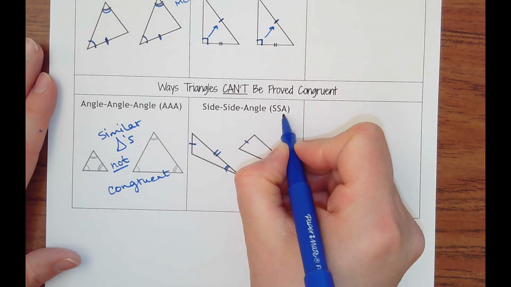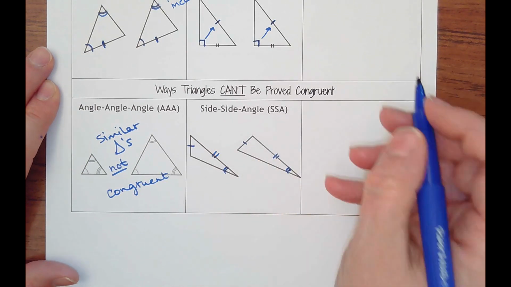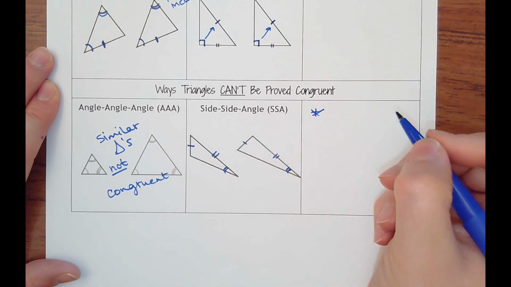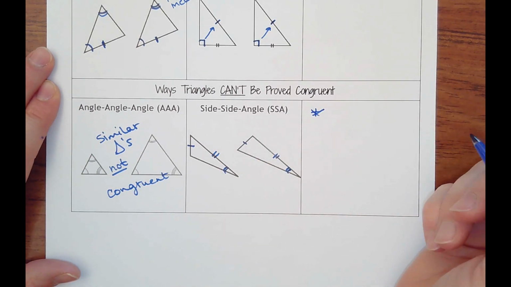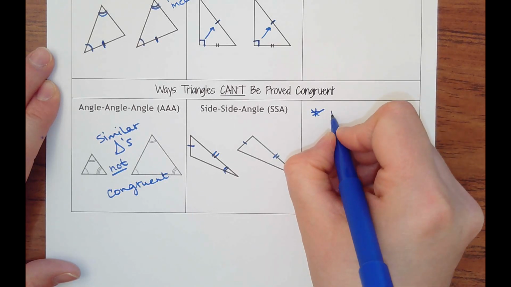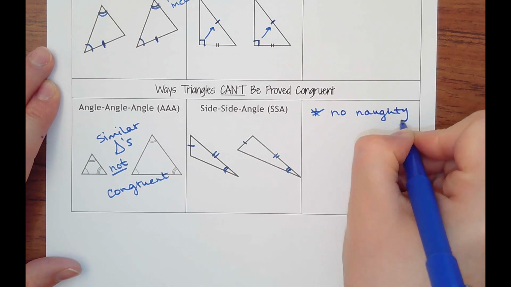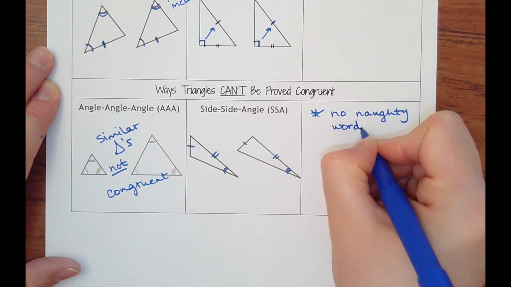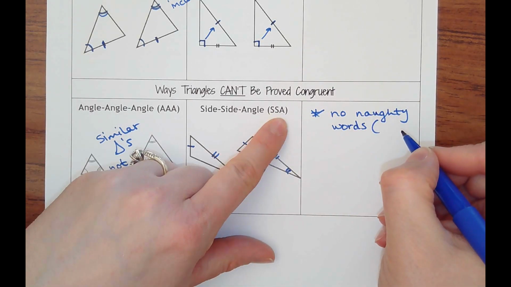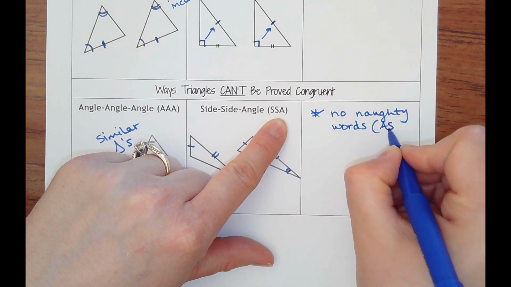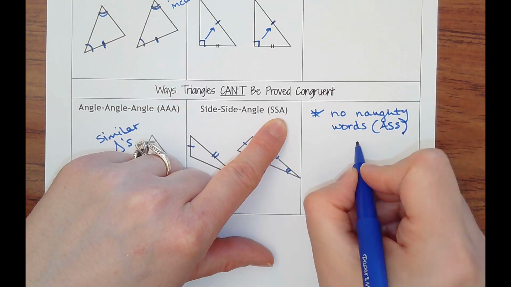And think about how else you could spell this word. So the thing that I remember is the two ways that don't prove triangles to be congruent. We're going to say no naughty words. And I'm going to spell it because we all got to know. If I spelled this backwards, that's ASS.